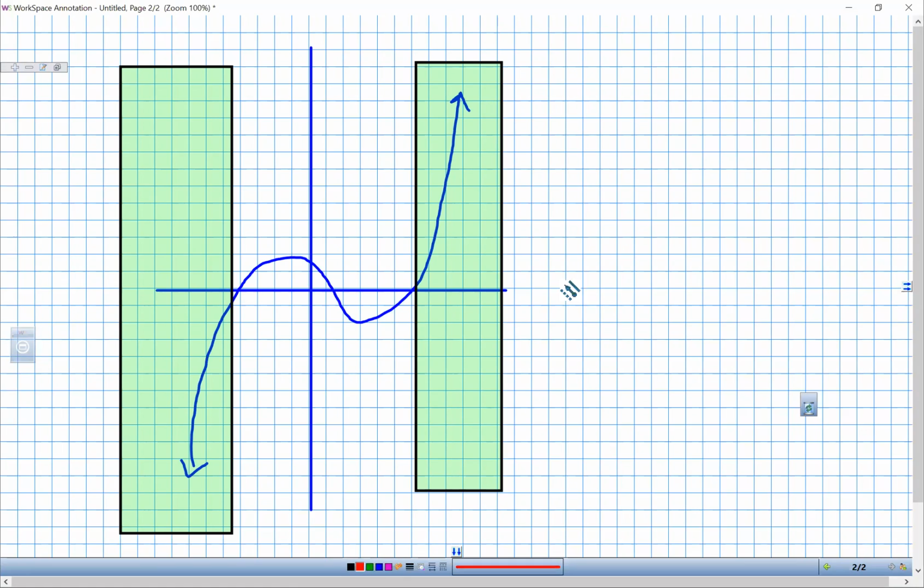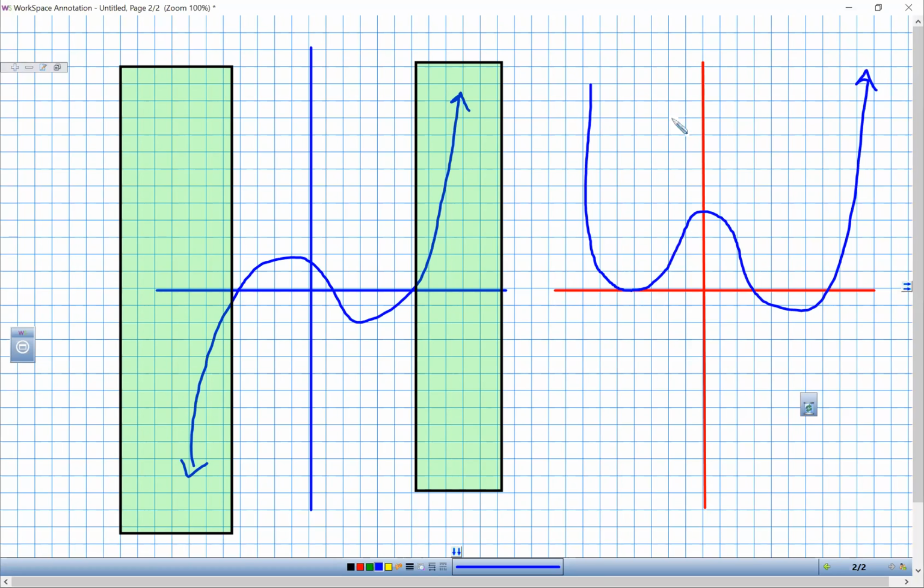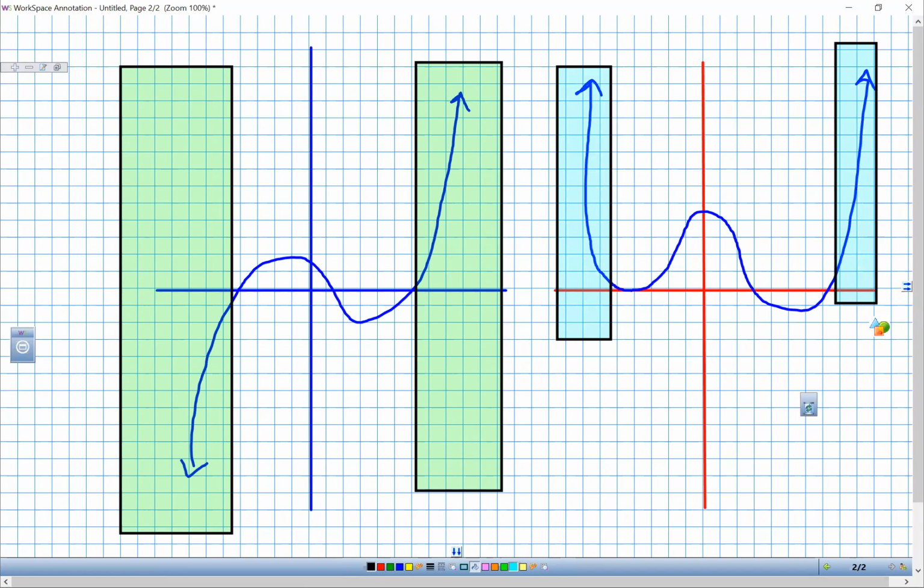If I had a graph where it was positive and even, then my graph might look something like this. I'm going to just touch the x-axis. So you can see on both the left and the right, the graph is going up. Up on the far left, up on the far right. And that's what we're talking about when we talk about far left and far right behavior.